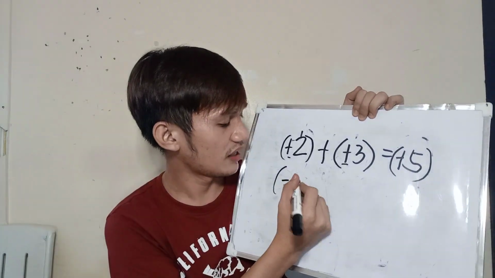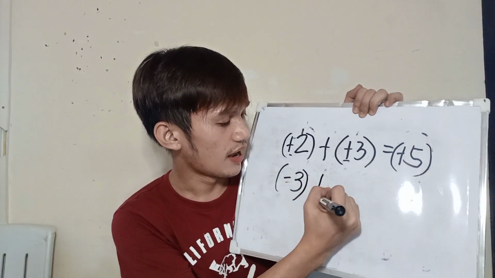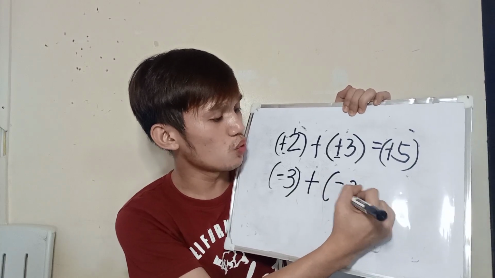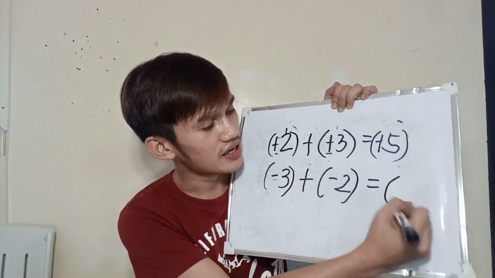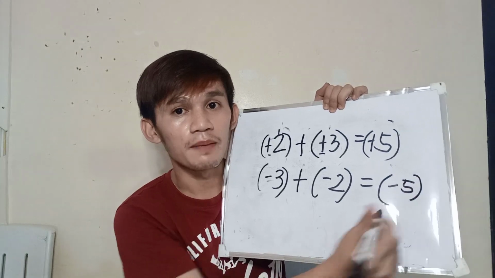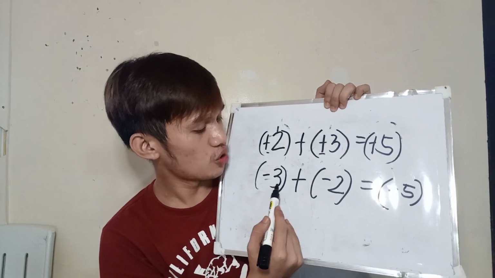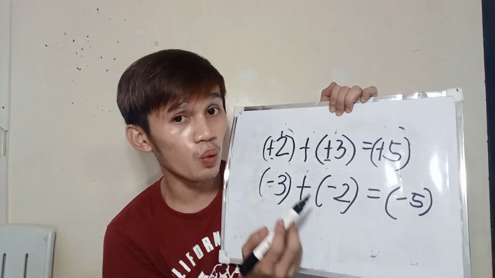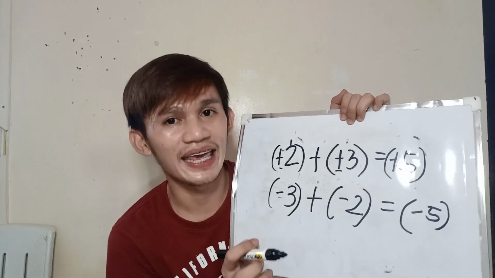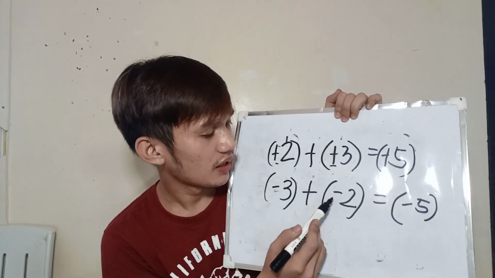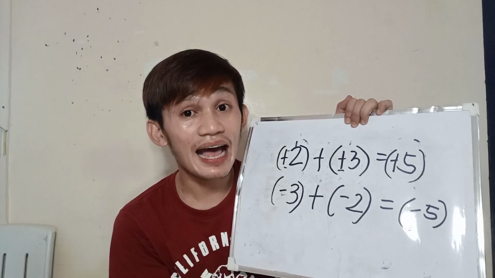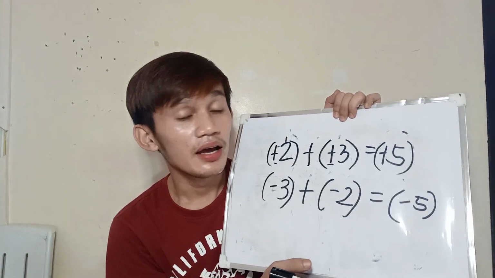This is negative 3 added to a negative 2. So the answer is negative 5. Why? Because we are just going to add 3 and 2, and then we keep the sign, which is negative. So same sign, add and keep.